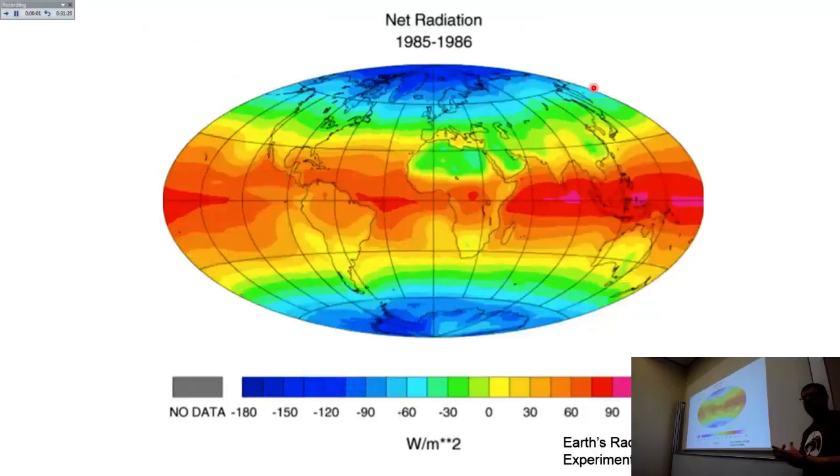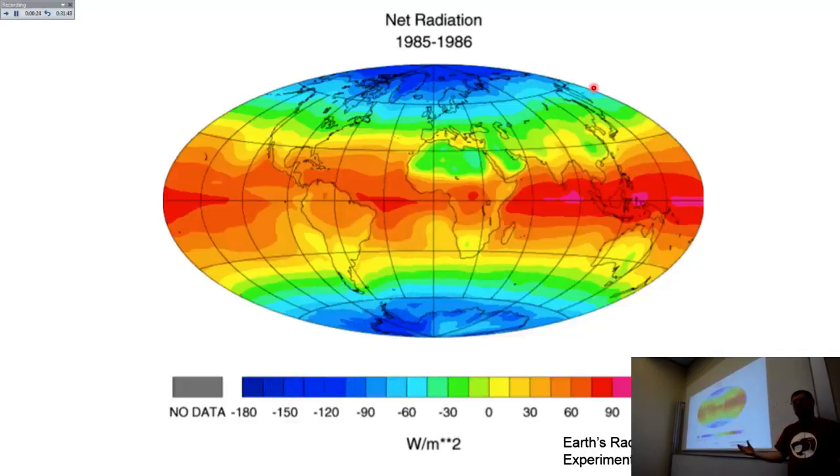But if you take one away from the other and look at the net effect, they don't balance out. Although the tropics are radiating more heat out to space, they're not radiating out as much as they receive. So there's a net gain of energy at the equator and a net loss at the poles.